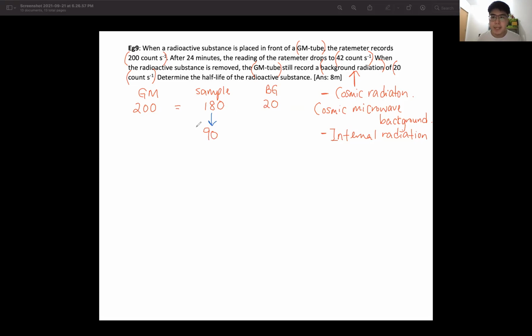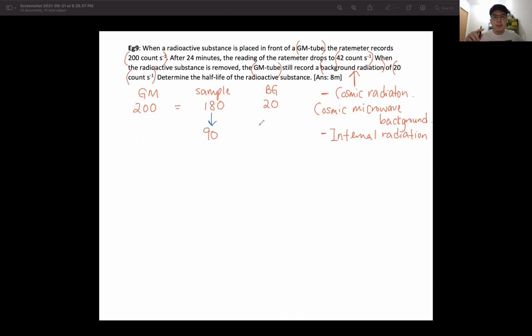Now, a common mistake made by students is that they take the GM reading 200 and drop this to 100. This is not correct because this is the GM reading. The one that is decaying is the sample, the substance that is decaying. So we drop this to 90, not this one. So the sample is 90. What about the background radiation?